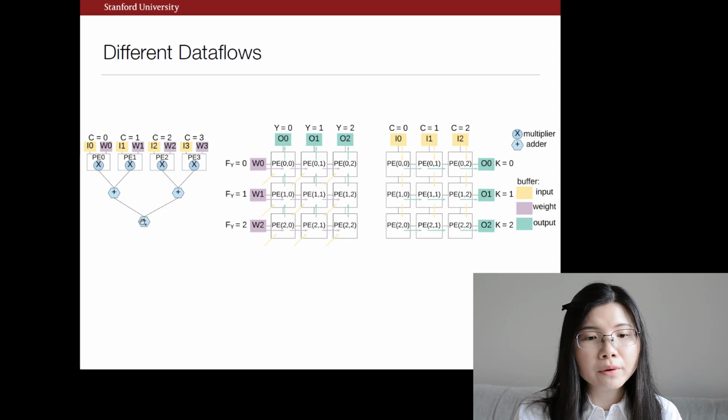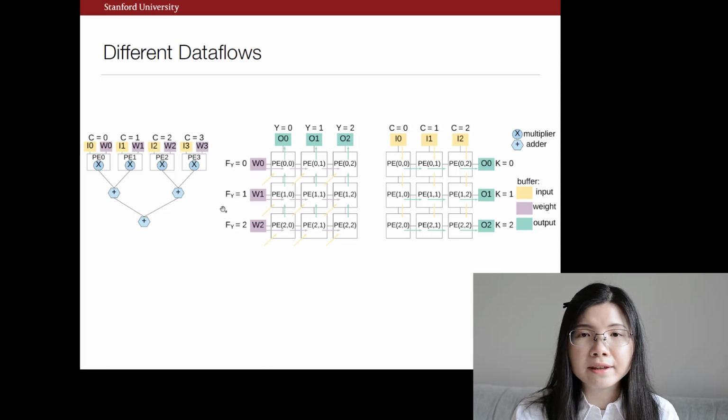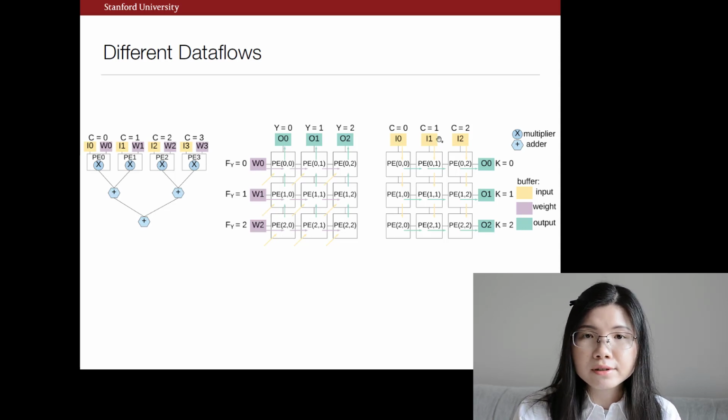The second example is a row stationary accelerator such as Eyeriss. By unrolling the filter height and image height dimensions, the weight flows horizontally and the outputs are accumulated vertically. The inputs flow diagonally. The last example basically converts a convolution operation into a matrix multiplication computation by unrolling the input feature and output feature channel dimensions.